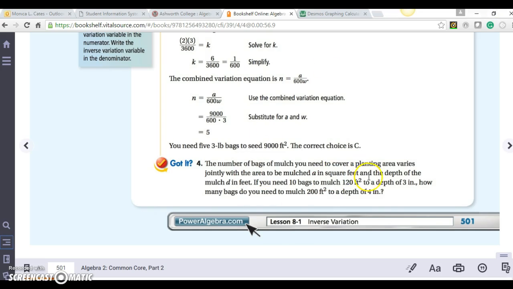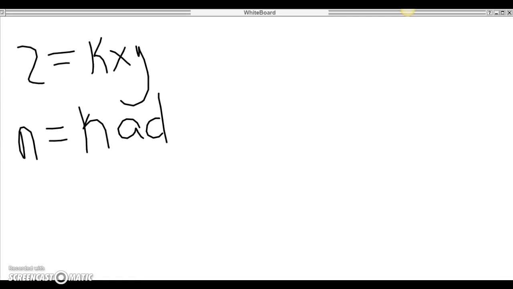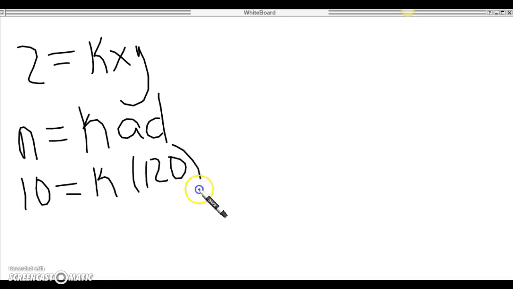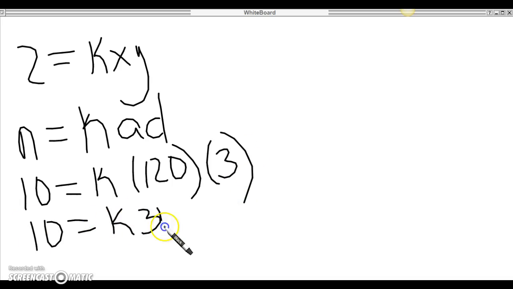Alright, and so they give us that we have 10 bags and we have 120 feet and a depth of 3 inches. So let's plug that in to find out what K is. So we have 10 bags equals K times 120 times 3. So when I multiply that out, I get 360.